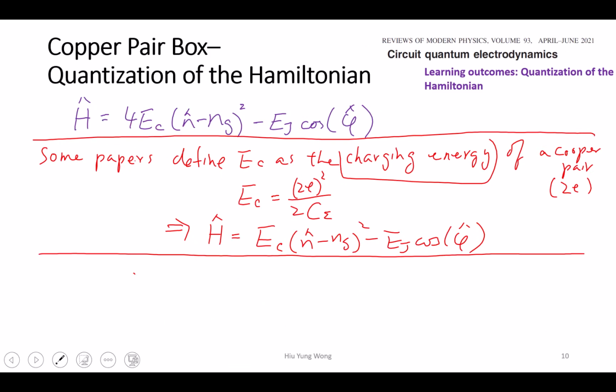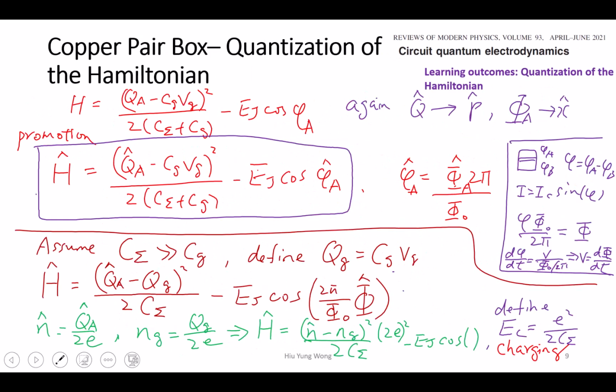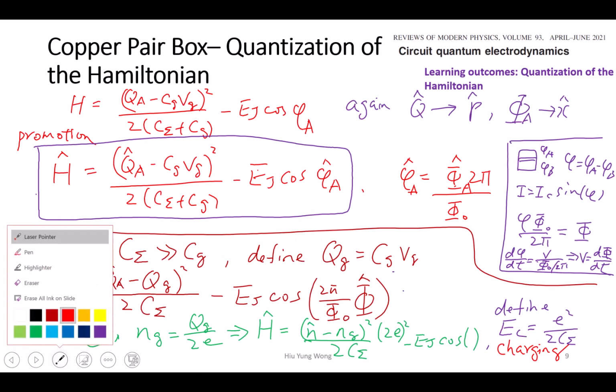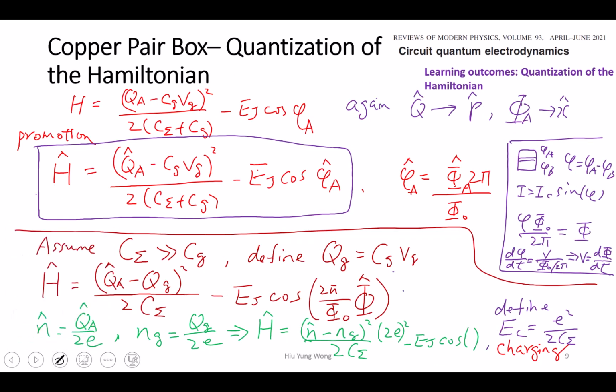So I actually, what did I say just now? This is the charging energy of 1 electron. Did I say Cooper pair just now? I think I said something wrong, right? Because EC is defined as e squared divided by 2 C summation. So the charge is e. So EC is the charging energy of one electron.